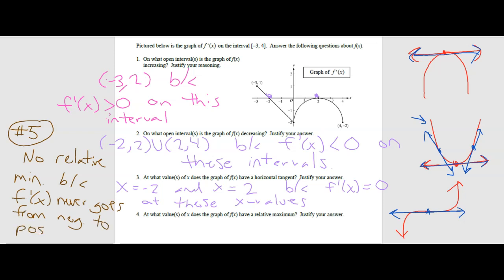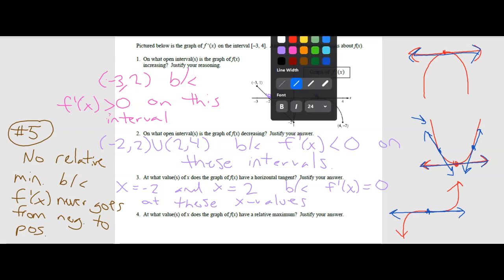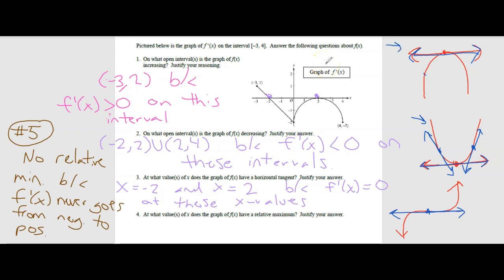to positive. Okay, now we can come back up and answer question 4, which is just where does it have a relative maximum? Well, if we come over here to our relative maximum graph, the derivative is going to have a positive slope before it hits that horizontal tangent, and then a negative slope directly after the horizontal tangent.